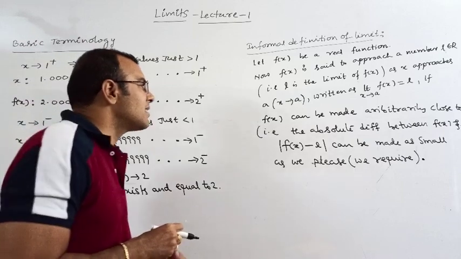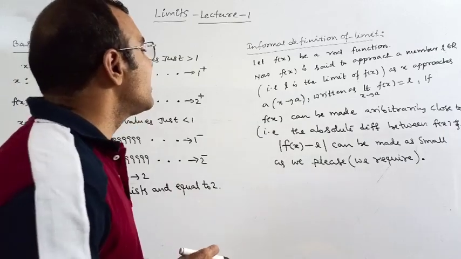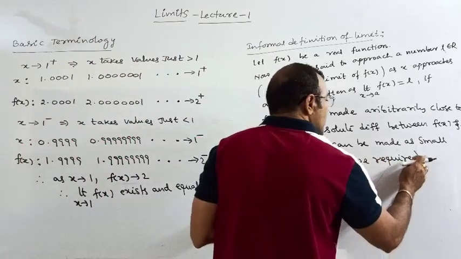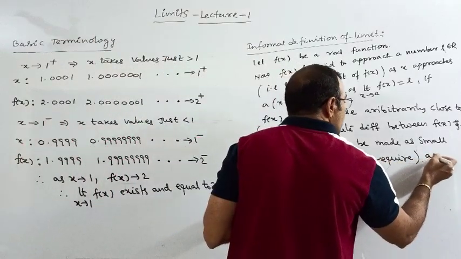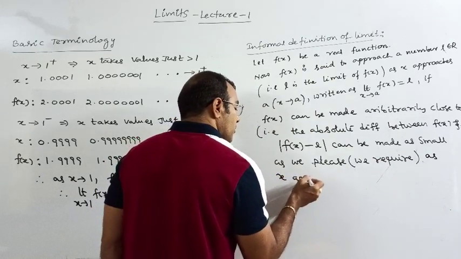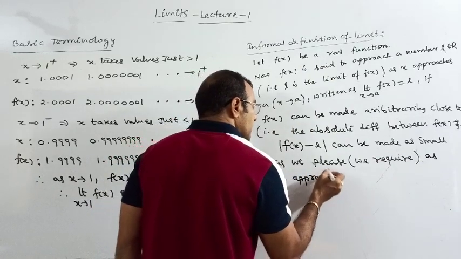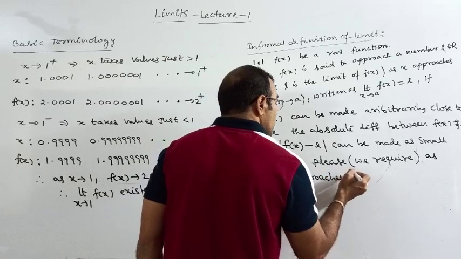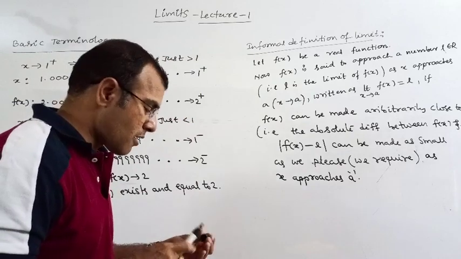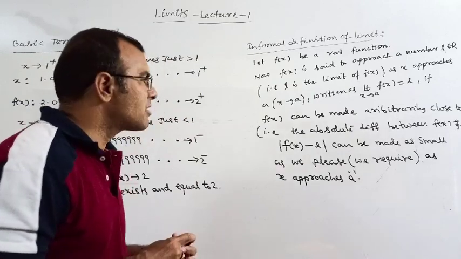Following my point, f of x can be made arbitrarily close to L as x approaches A. If you read this sentence 10 times, then also you will have several doubts.